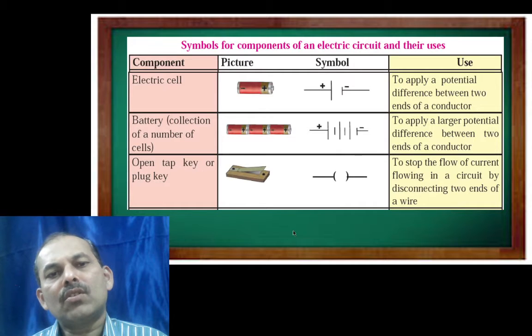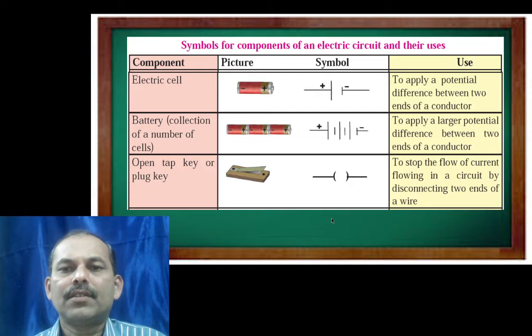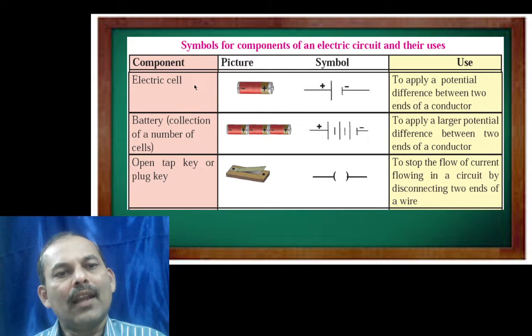Some symbols for components of an electric circuit and their uses. Here is a regular picture of the component, and this is its symbol and use. The electric cell will look like this. You have to draw the symbol like this.